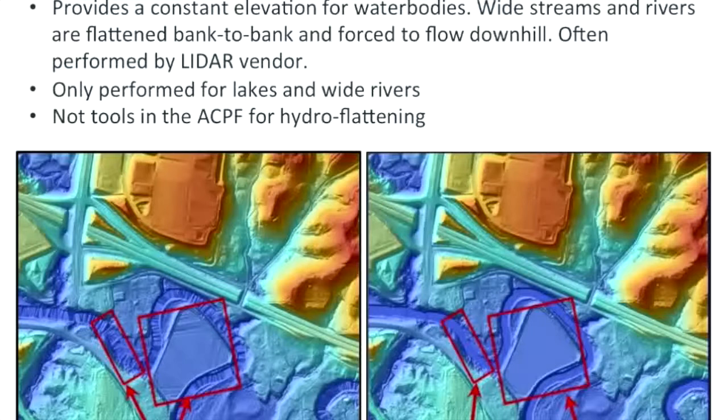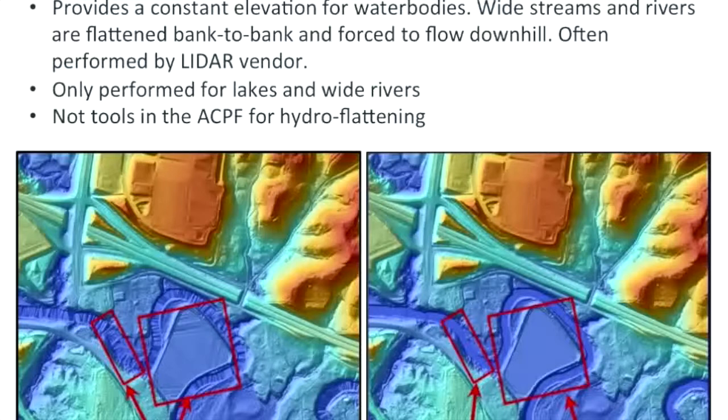You can see here on the left in those red boxes where we have artifacts of the fact that LiDAR does not return a signal from a water body, and so we end up interpolating from the stream banks across those. We get those typical triangular facets that are associated with that interpolation process.